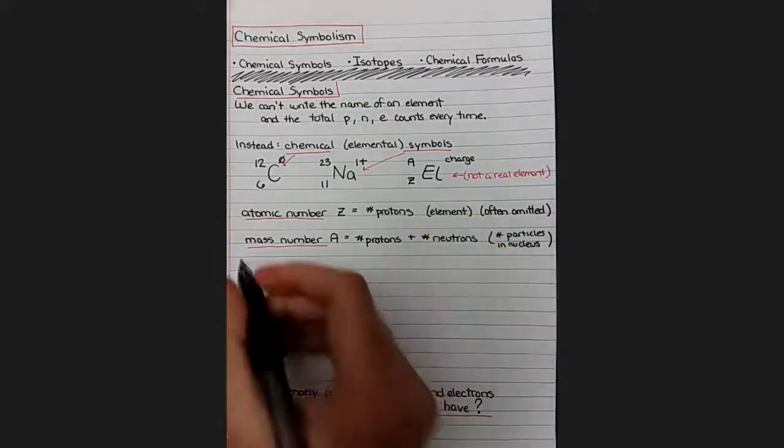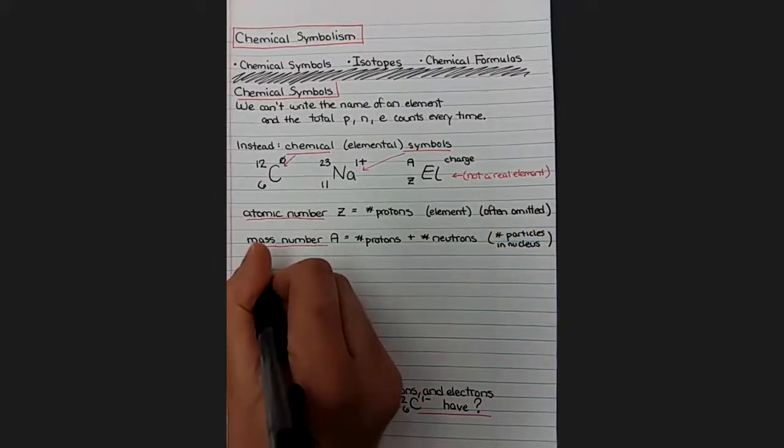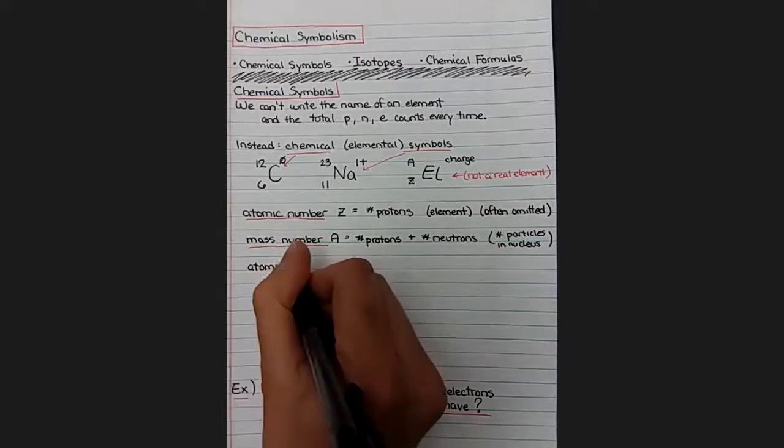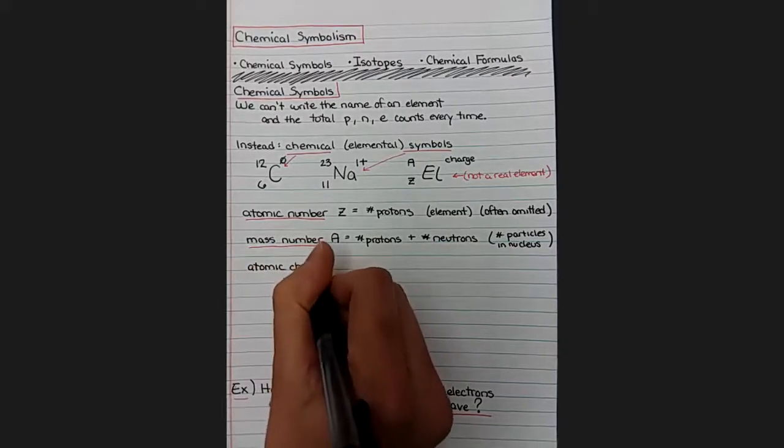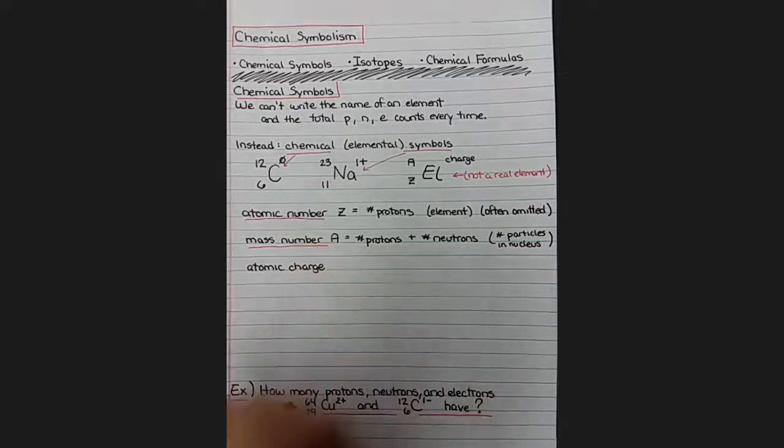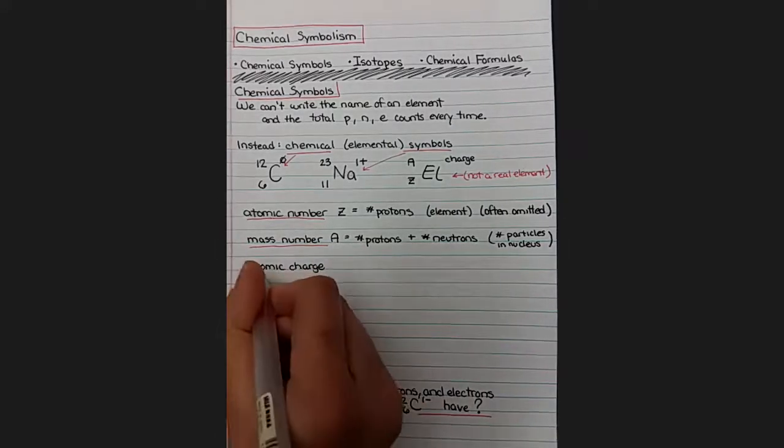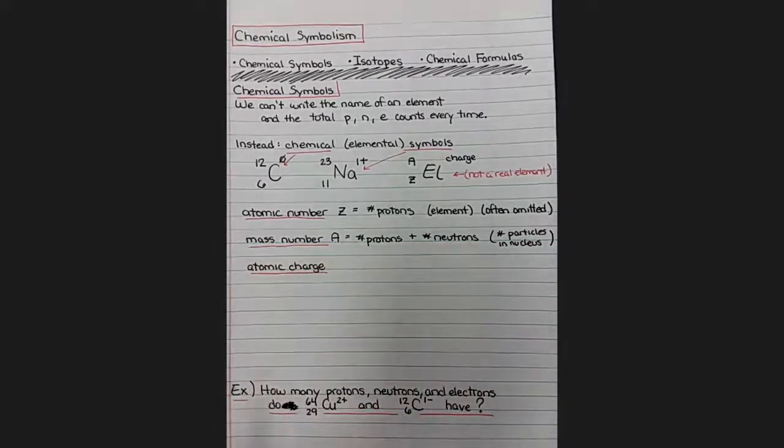And then the number in the top right corner is called the atomic charge. And that tells us about how many electrons there are. And I don't think that there's a letter symbol that represents that one.